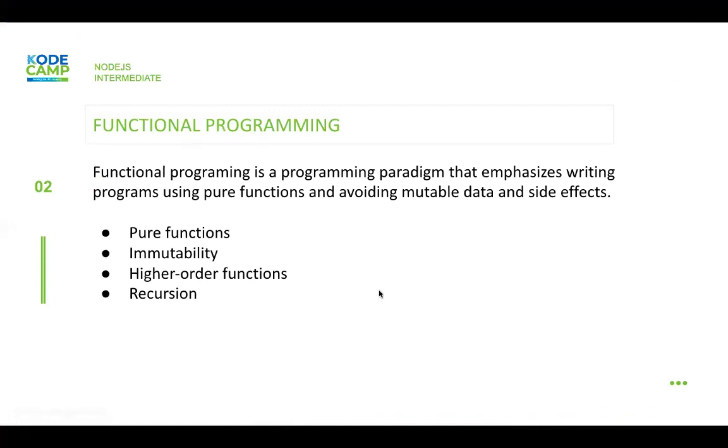Then ensuring immutability. We're already talking about immutability. You don't want to mutate data. Immutability in JavaScript refers to the concept of not modifying data directly. Instead of changing existing values, you create new values with the desired changes.